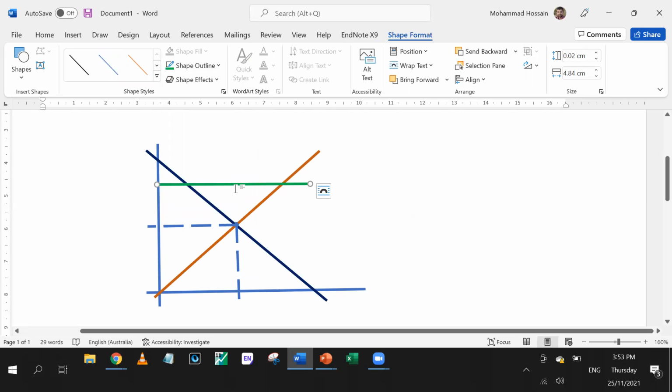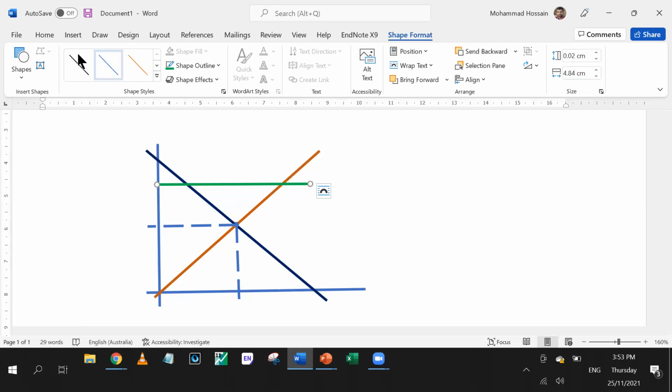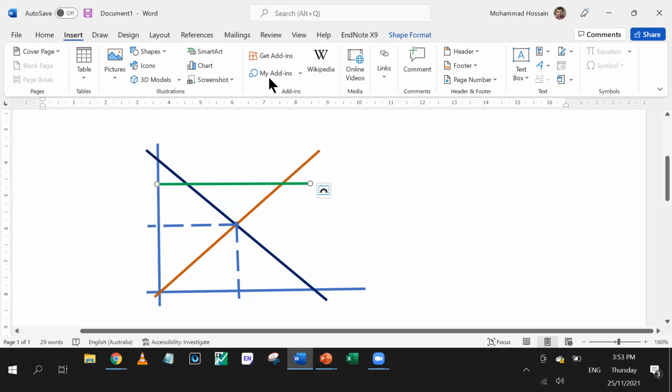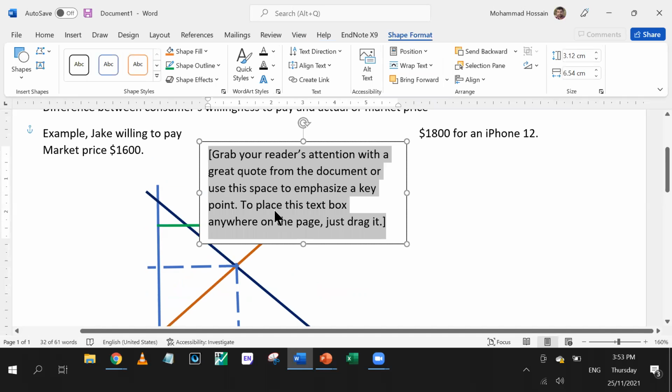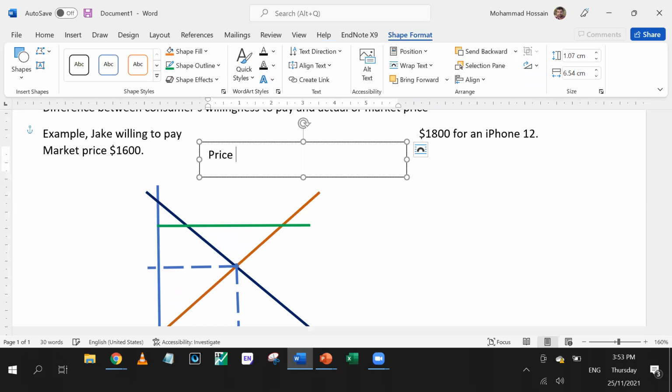And this one we'll call a price floor. So the equilibrium price is this. The government says, no, you have to pay at minimum this much. At that time, this will be known as a price floor. Let me write. Price floor.